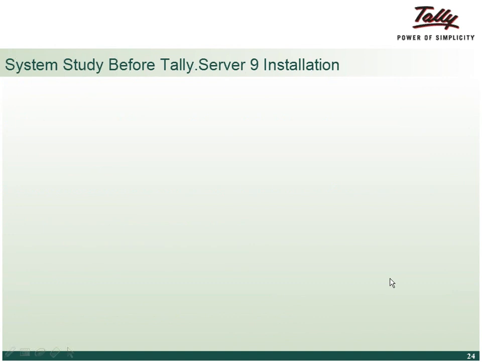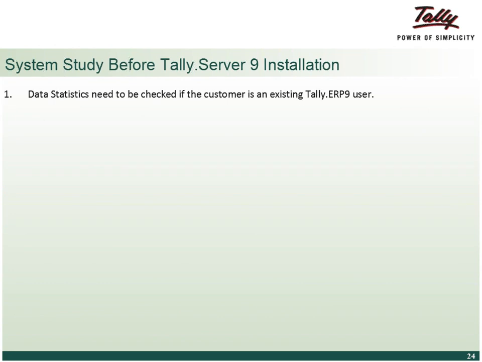We need to have a system study before installing Tally Server 9. So now let us see what system study we need to do before installing Tally Server 9. We need to check the data statistics of an existing Tally ERP 9 user, and the recommended system settings required to install Tally Server 9.